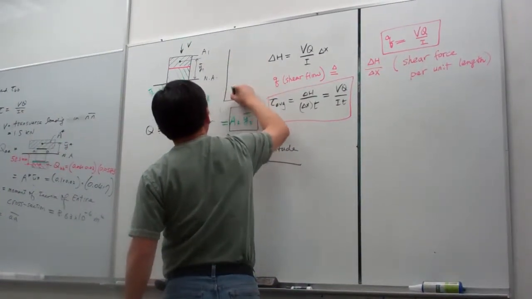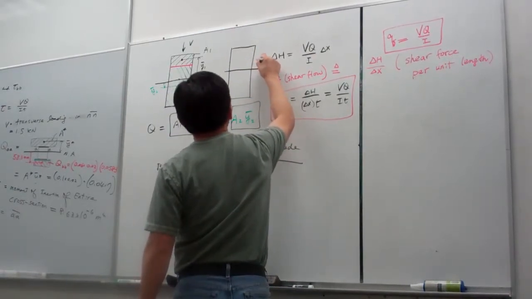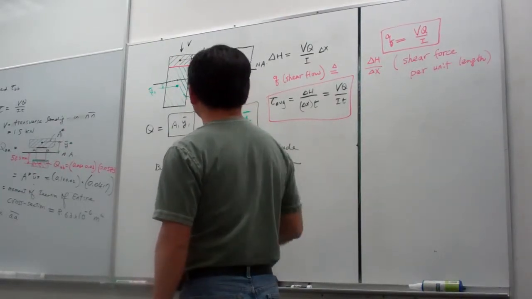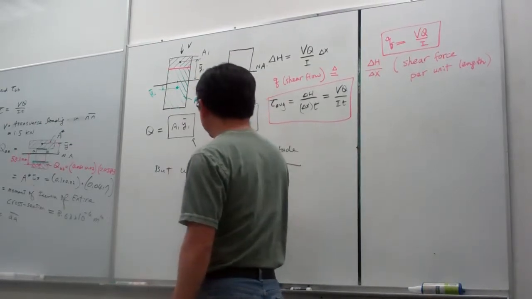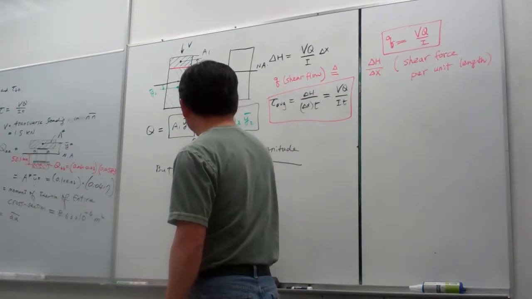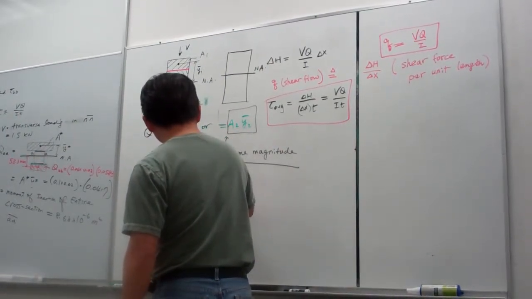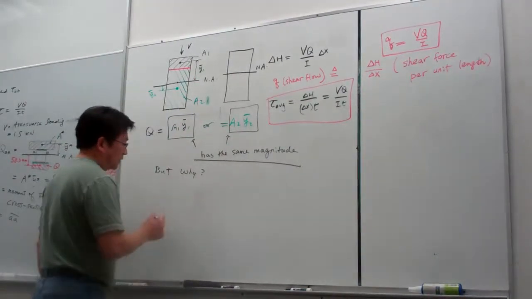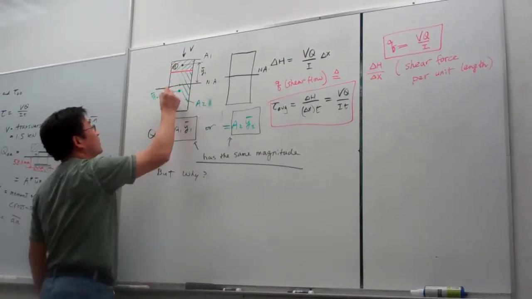This is the original cross section, and this is the neutral axis. We know this is the geometry, so this is area 1, this is area 2.